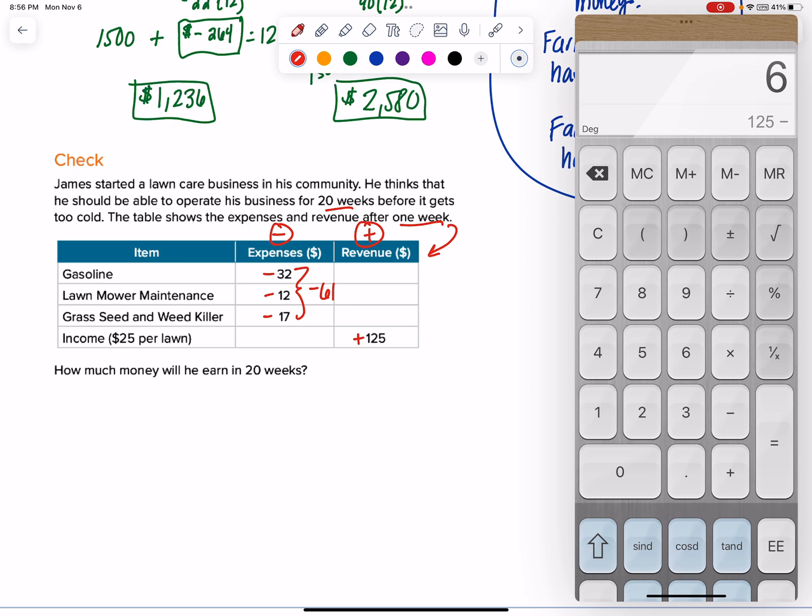So just subtract 61. Okay, keep the sign of the bigger. And so it looks like we have a total, we're at $64 positive. And then multiply that by 20 weeks. 64 times 20, and, ooh, pretty nice. So after 20 weeks, we'll have $1,280 of profit, which will be really nice. Okay, so what money will he earn in 2 weeks?